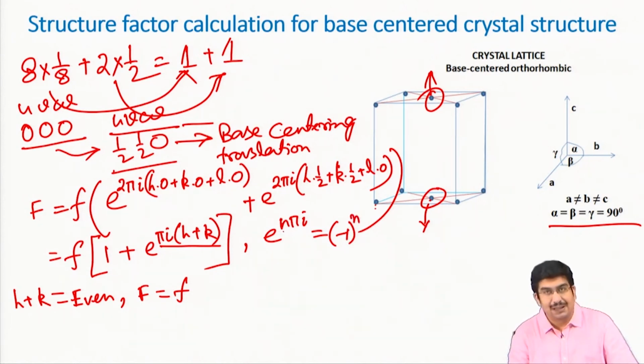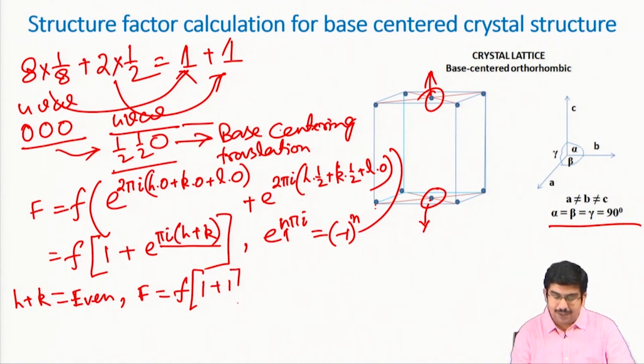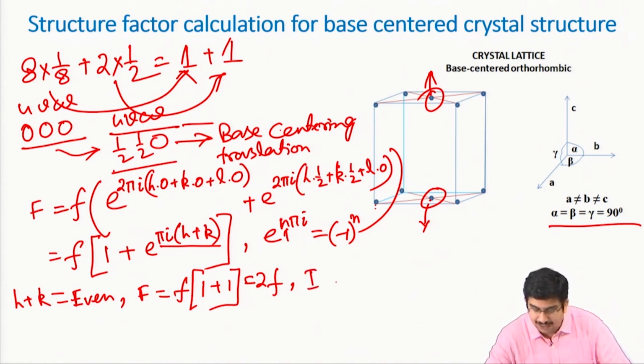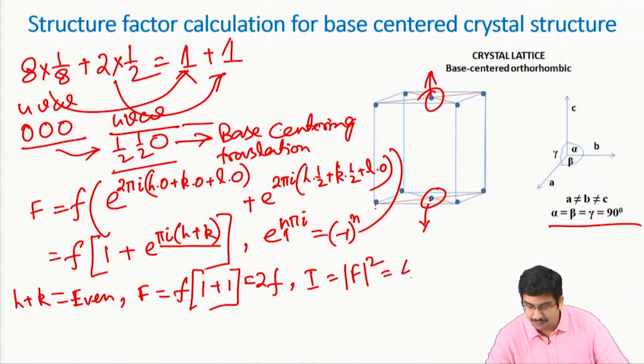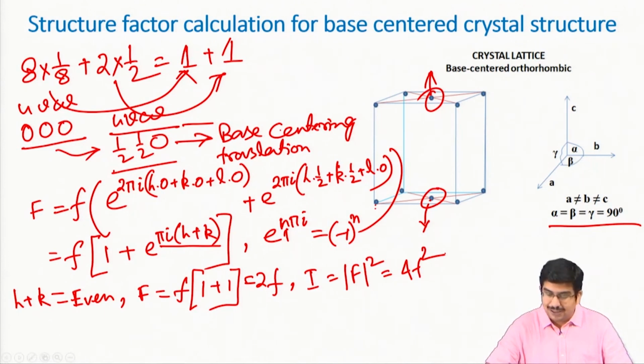So if n is an even number, then this is 1. So if H plus K is an even number, we get F equals f into 1 plus 1, that means it is 2f, and intensity in that case will be F squared, that will be 4f squared. So this is for H plus K even.